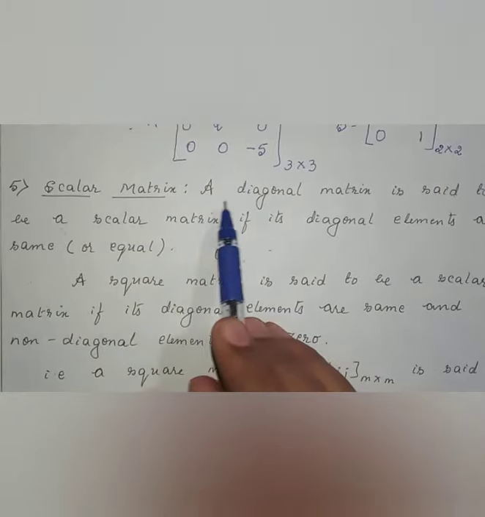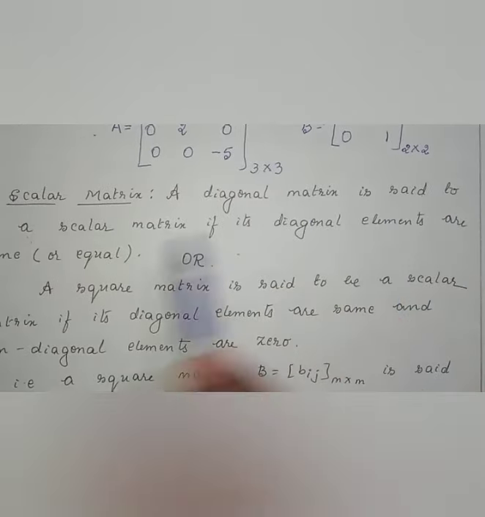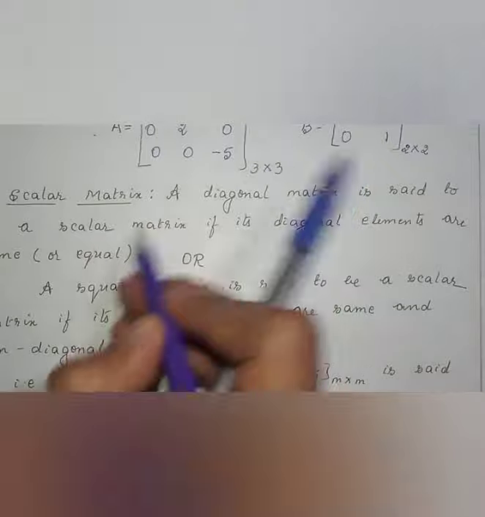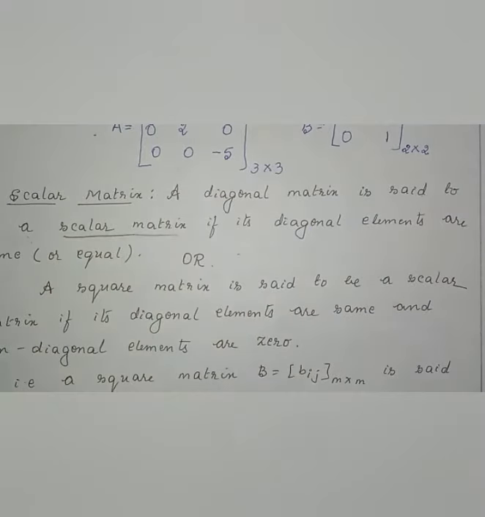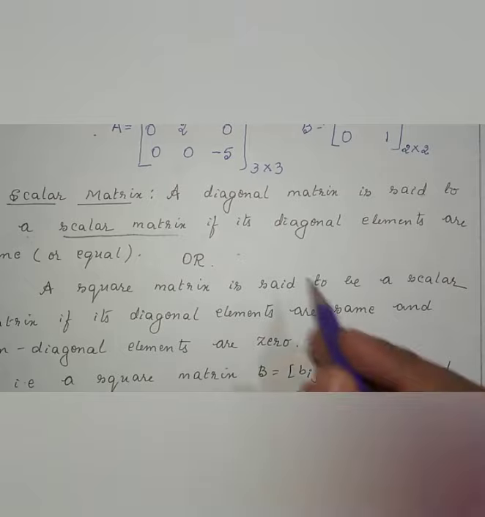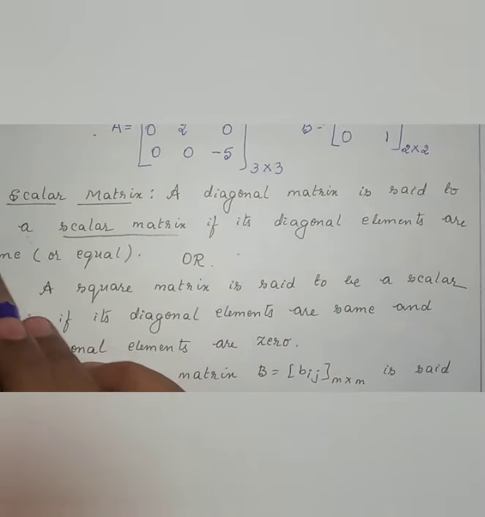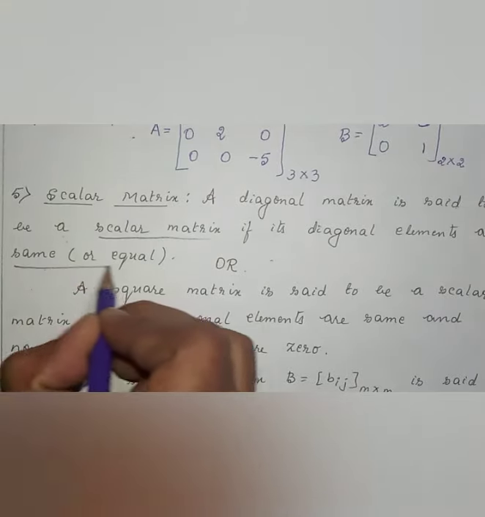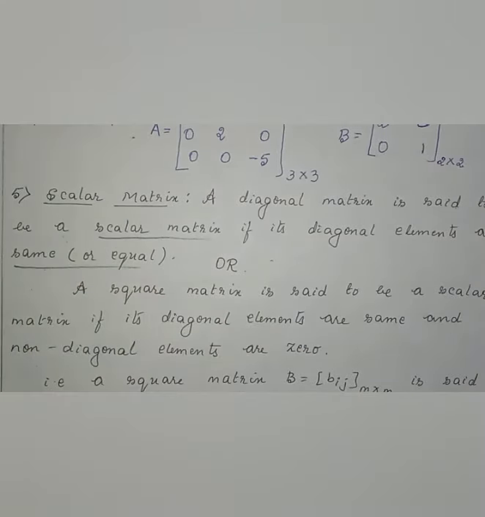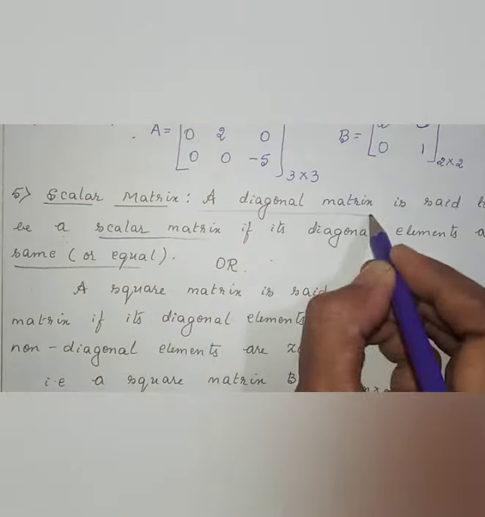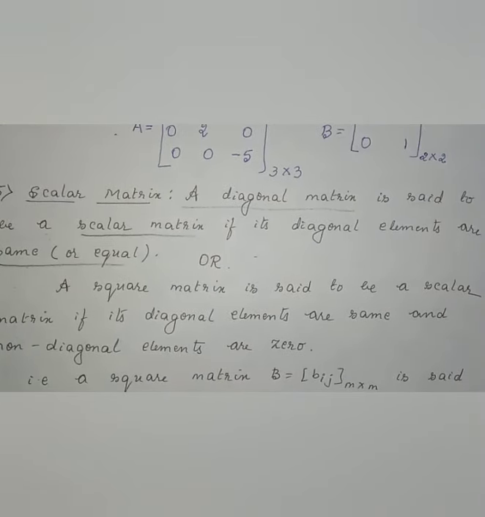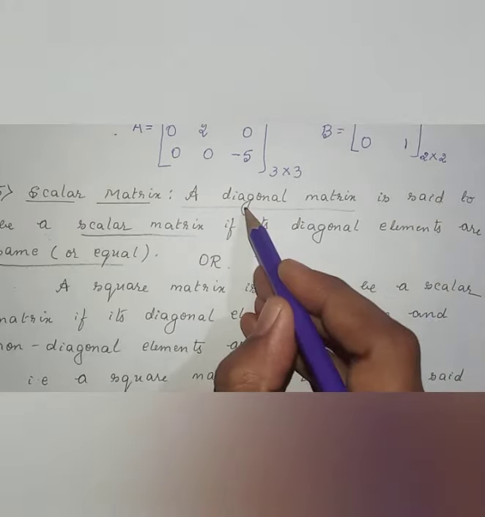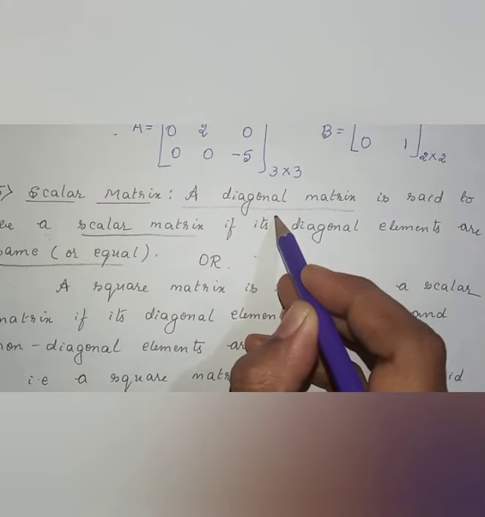A diagonal matrix is said to be a scalar matrix if its diagonal elements are same or equal. Clearly, non-diagonal elements are 0 because we already defined that the matrix is a diagonal matrix.